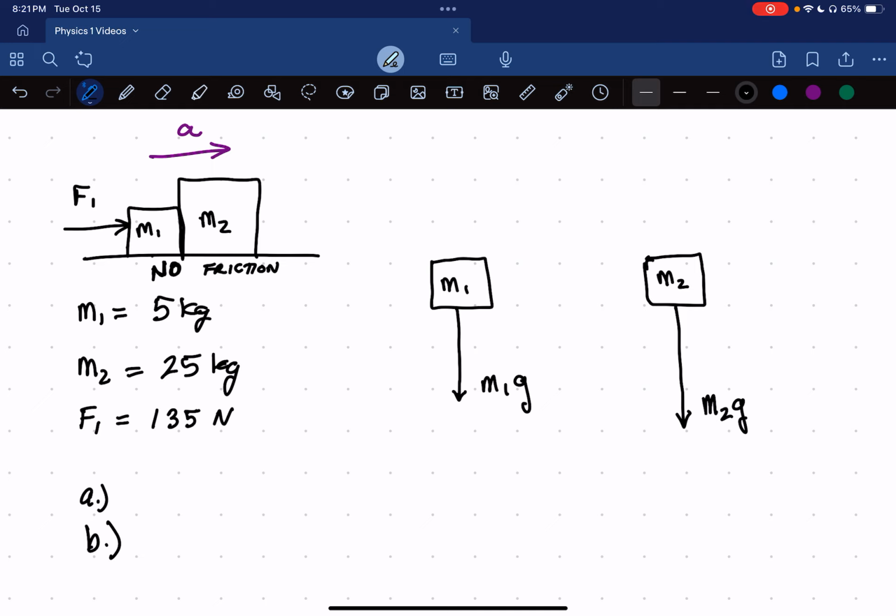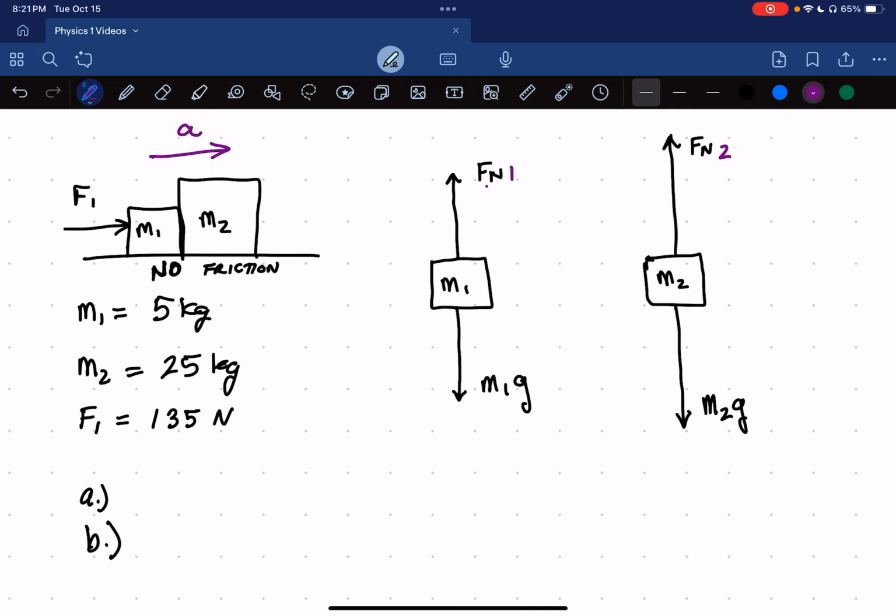Okay. The surface is putting an upward normal force on both of these, which should be equal to their respective gravitational forces. Now, normally we just write Fn, but these are going to have different amounts of force on them. So we wouldn't just write Fn, we would say Fn1 and Fn2.